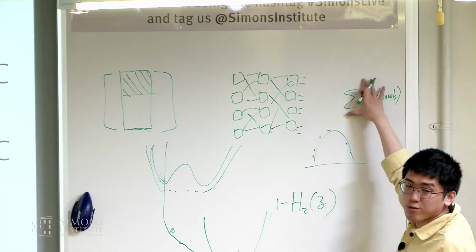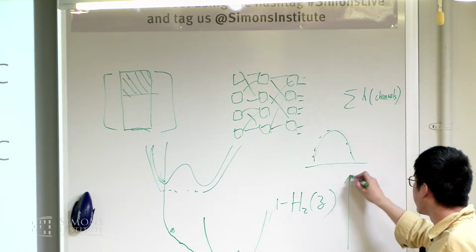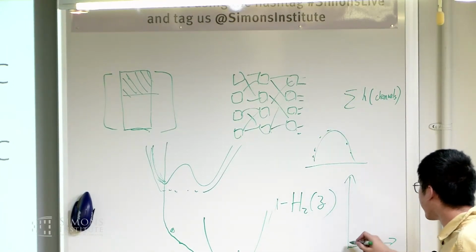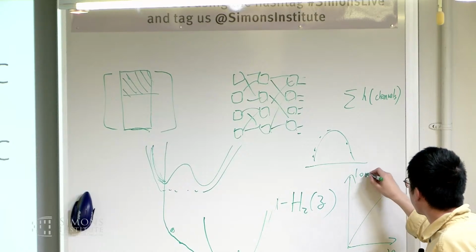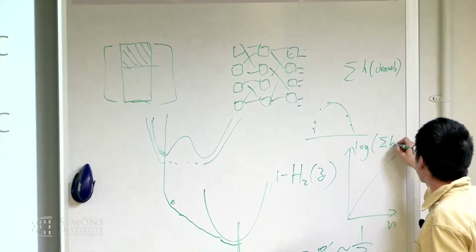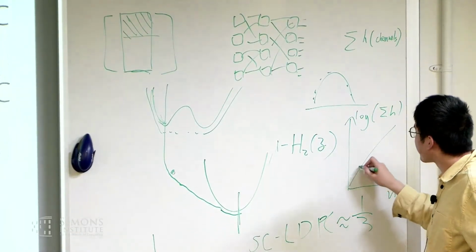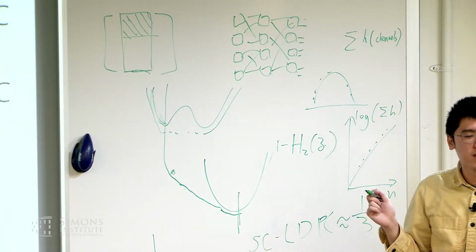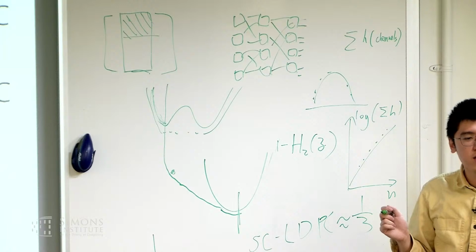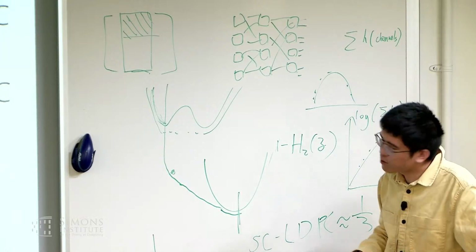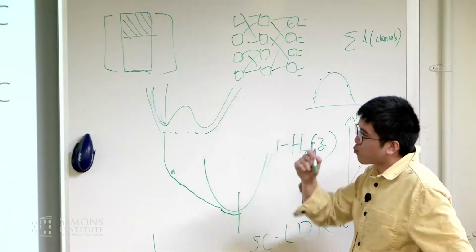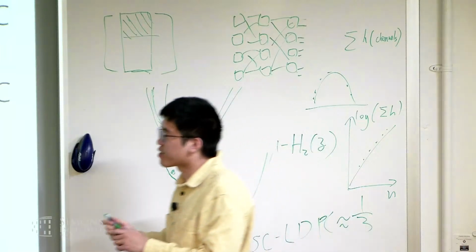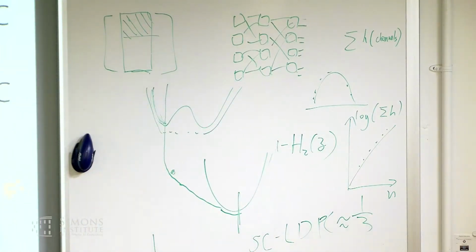And so there's going to be a plot where the horizontal axis is n, and then this is like log of the sum of h, and then you fit that with the best straight line you can have. But there is no randomization in the structure. There is only one thing that you need to determine, namely this beginning z.